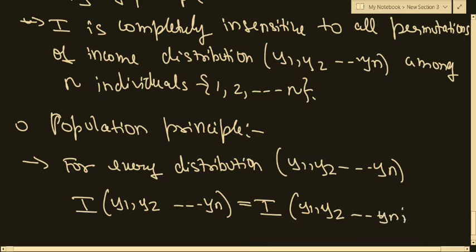Basically we are cloning; revisit the population principle notes. Just as the absolute levels or permutations of income didn't matter, we can clone the population.